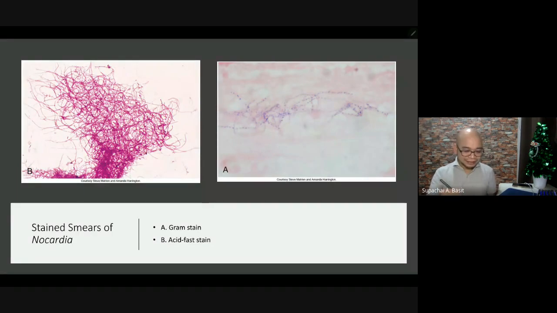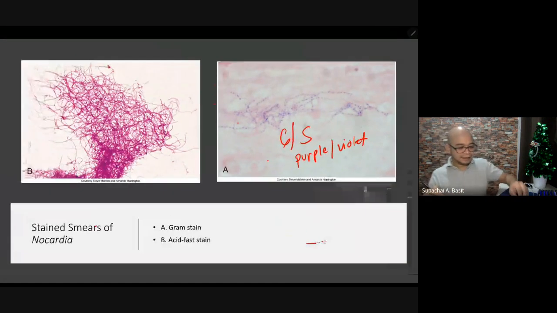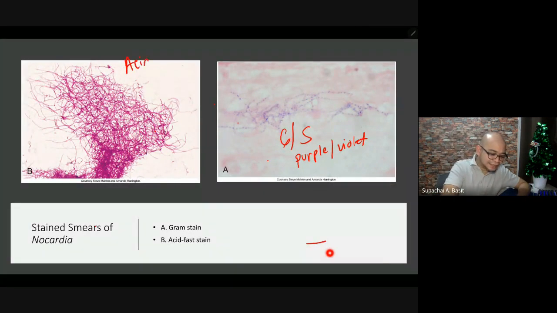So this is the gram stain. In gram stain, if it's gram positive, it's supposed to be purple or violet. And then this is the acid fast stain. It is pink or red.